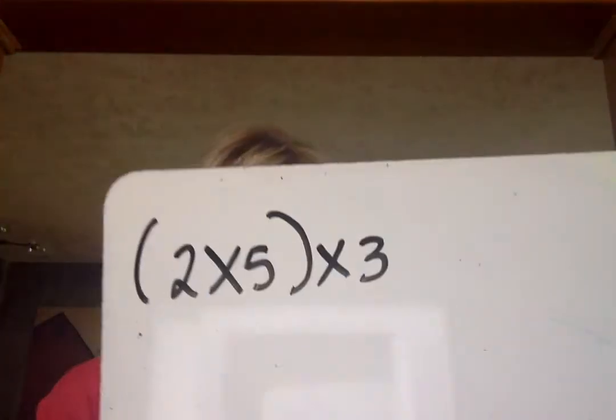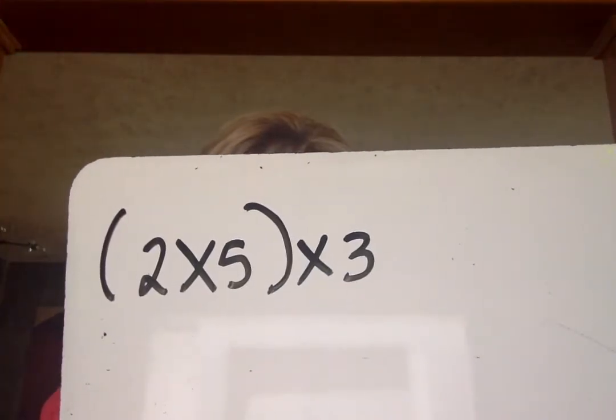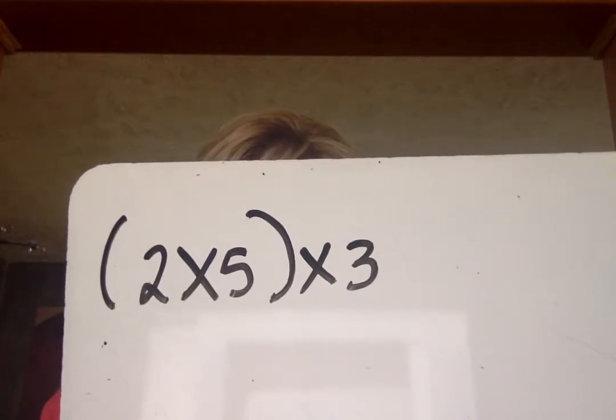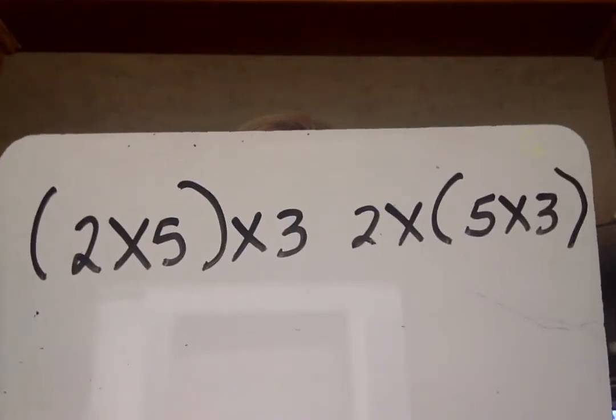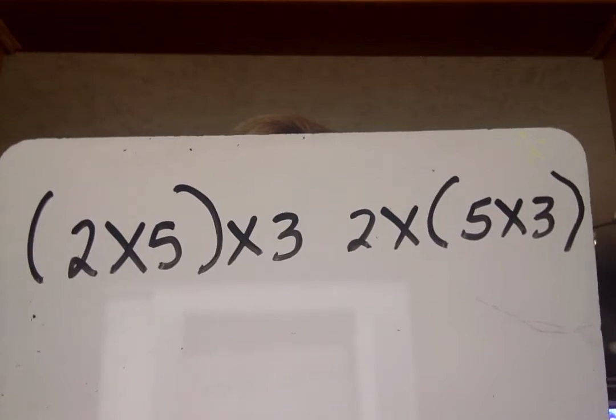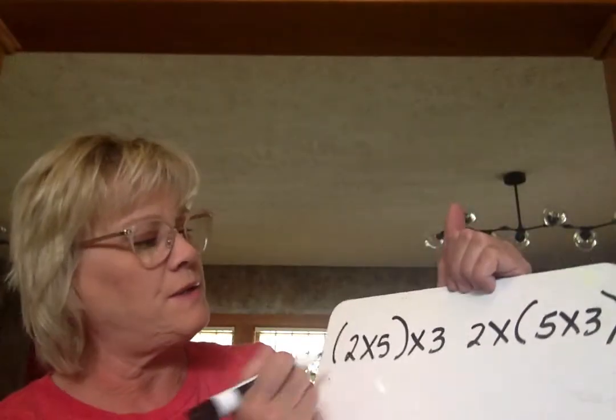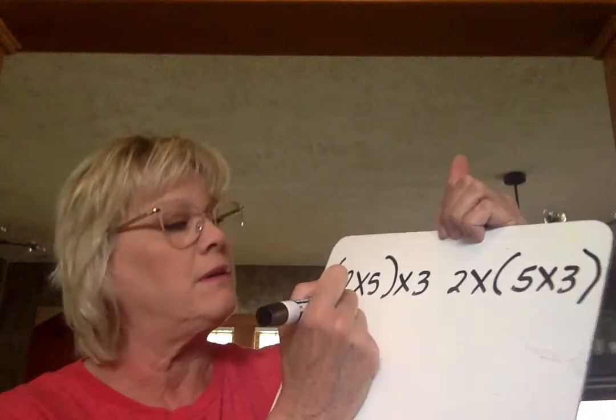Now in parentheses, (2 times 5) times 3. And 2 times (5 times 3). Okay, so 2 times 5 is 10.